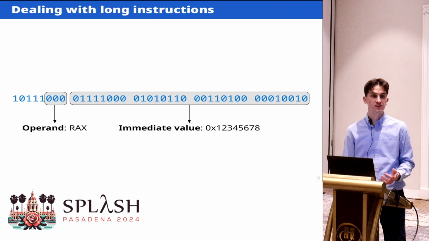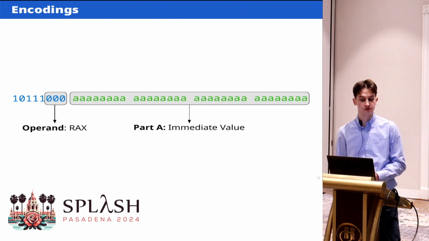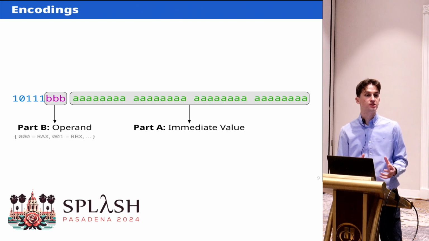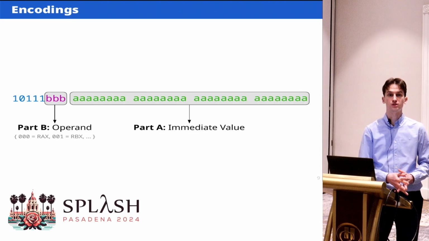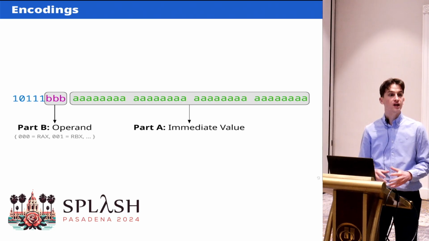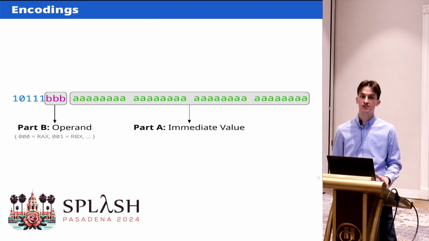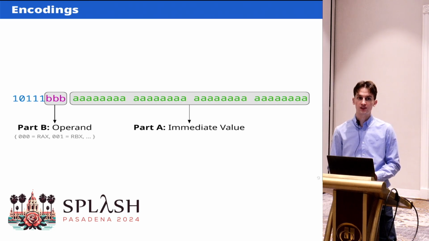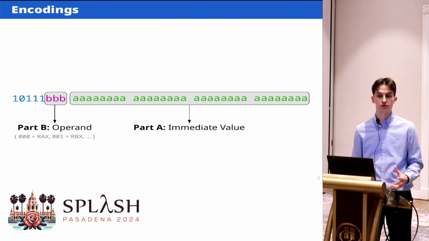And we can replace this immediate value with a part that says, well, here is a 32-bit immediate value. And this operand, well, it can be a part that indicates that here is the destination operand of this instruction. And now we have an encoding that describes 32 billion different instructions that only differ by operands. And that is what is going to allow us to actually enumerate all instructions on the CPU.